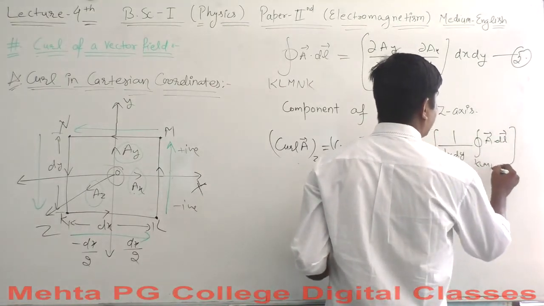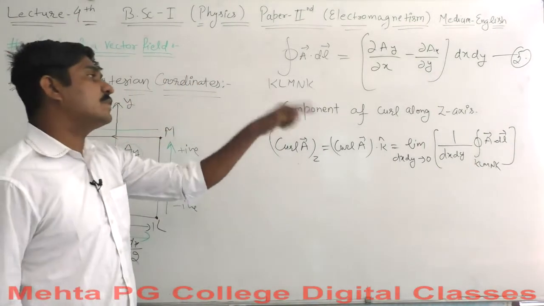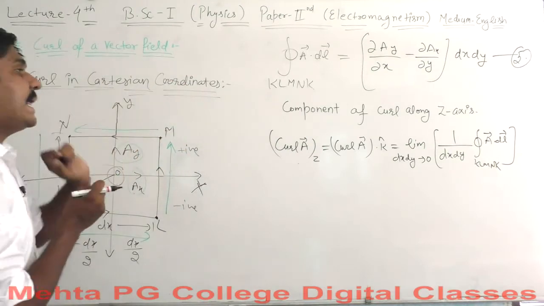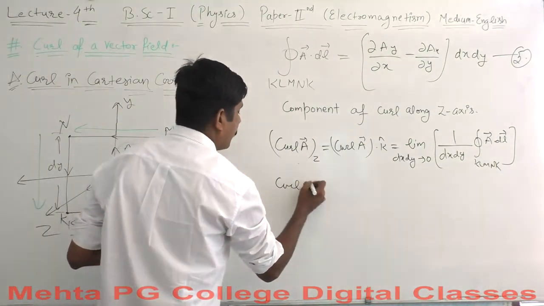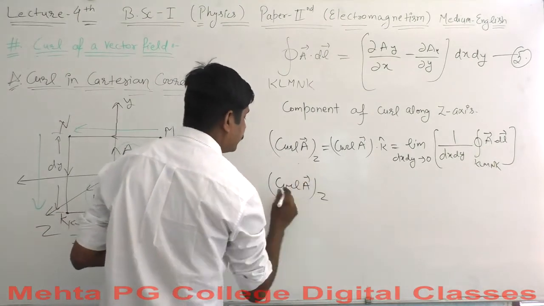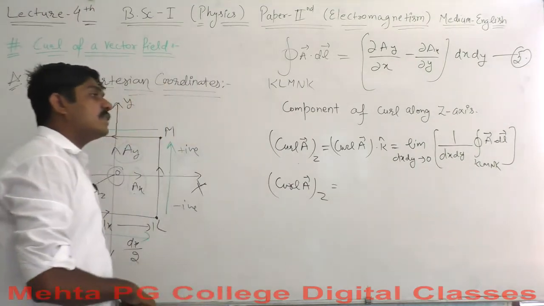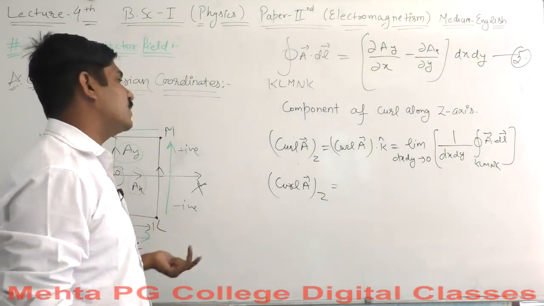k, l, m, n, k. We will put the value from equation 5 into this equation, and we will find out the component of curl along the z axis. So curl of A along the z axis will be, so what will it be? The dx dy will cancel each other, so the limit was there.